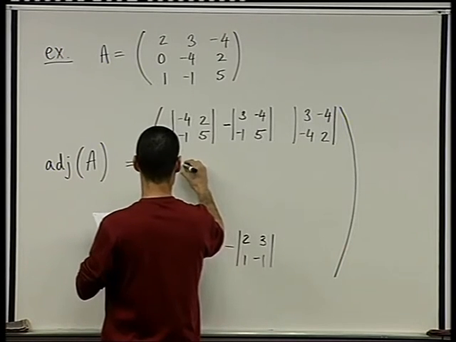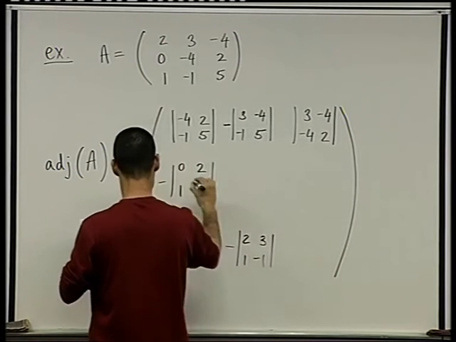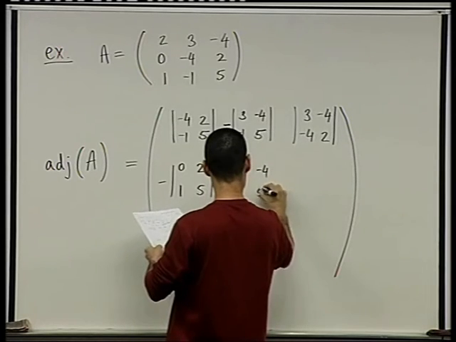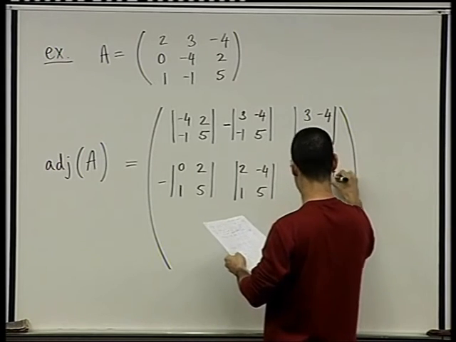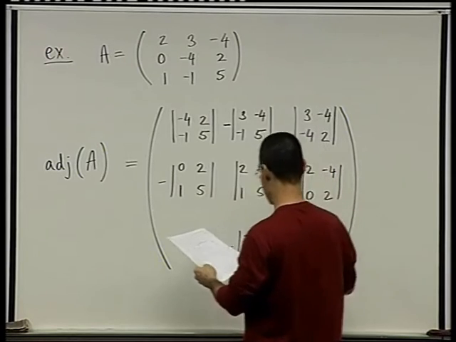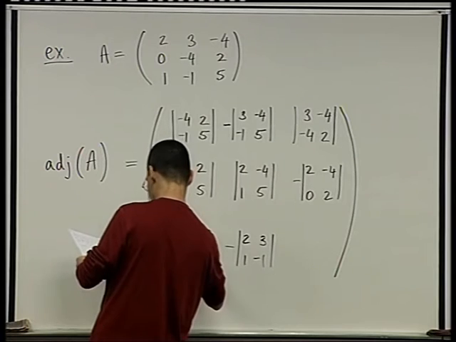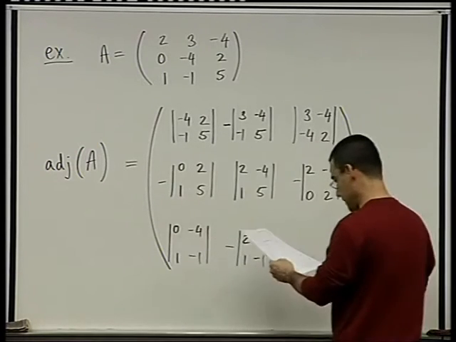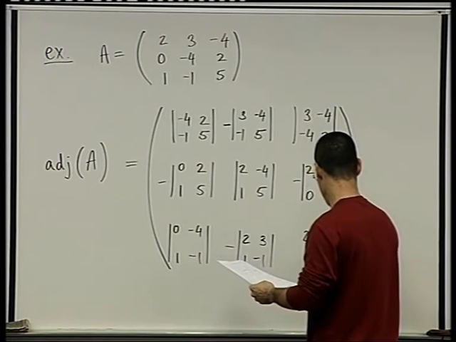So I get here 0, 2, 1, 5 with a minus sign, 2, negative 4, 1, 5, 2, negative 4, 0, 2 with a minus, 0, negative 4, 1, negative 1, and finally 2, 3, 0, negative 4.